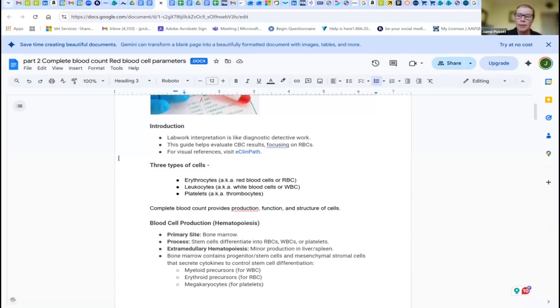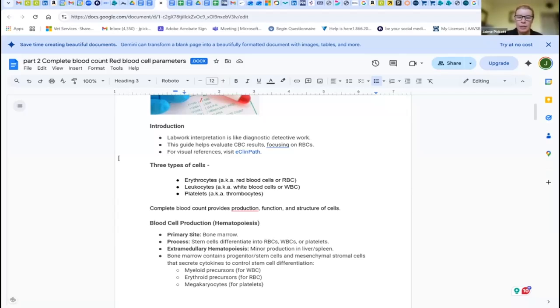So, where do red blood cells come from? A quick refresher. All of our blood cells, whether they're red blood cells, white blood cells, or platelets, originate in the bone marrow. That's the main production site. Stem cells can choose different developmental pathways: the myeloid line for many white blood cells, the erythroid line for red blood cells, and the megakaryocytes for platelets.